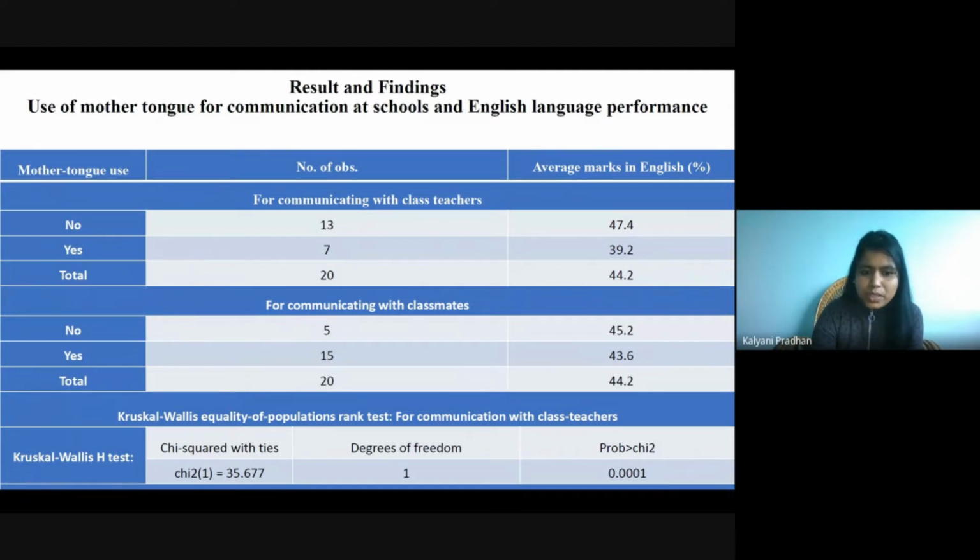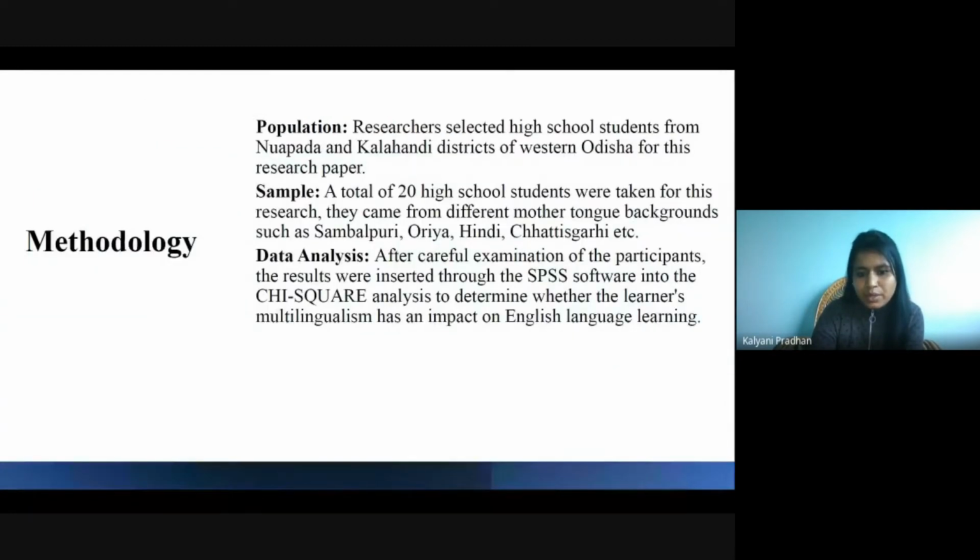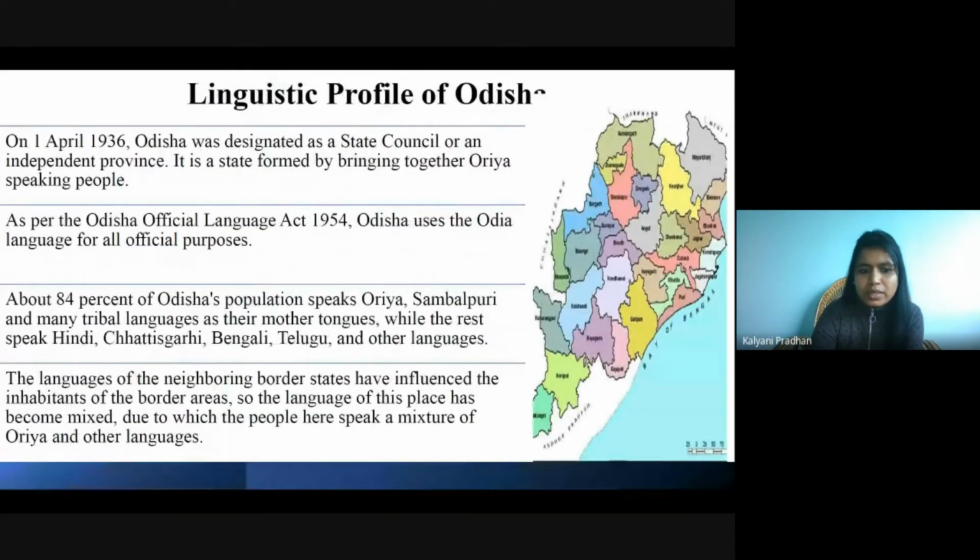About 84% of Odisha's population speak Odia, Sambalpuri and many tribal languages as their mother tongue, while the rest speak Hindi, Chhattisgarhi, Bengali, Telugu, and other languages. The languages of the neighboring border states have influenced the inhabitants of the border areas, so the language of this place has become mixed, due to which people speak a mixture of Odia and other languages.